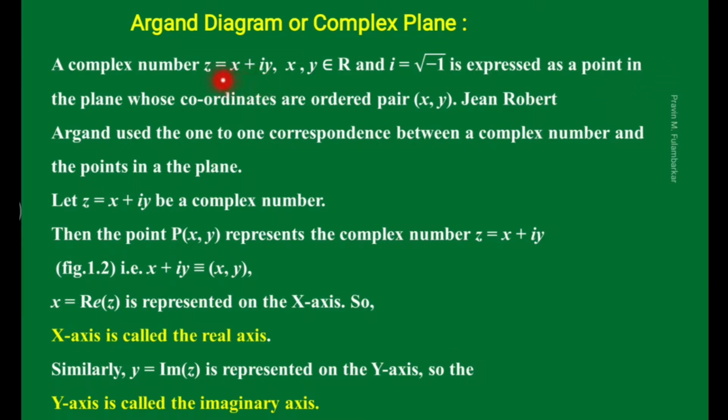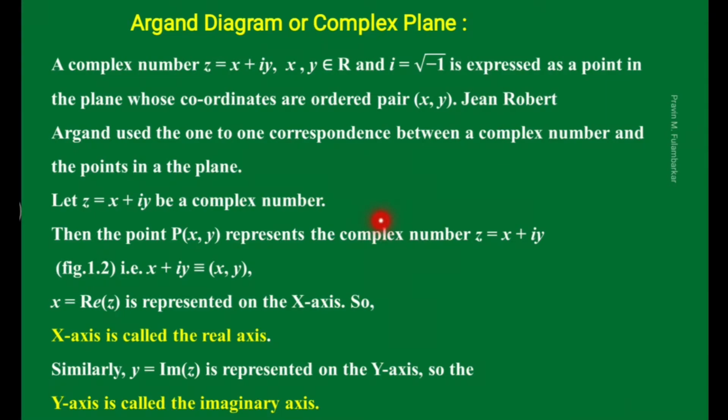So this complex number we write in the form of a point whose coordinates are an ordered pair. We know that when we represent a point on a graph, we write the ordered pair. Jean Robert Argand used the one-to-one correspondence between a complex number and a point in the plane.